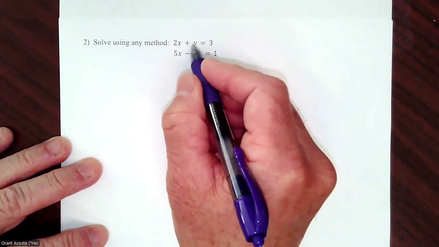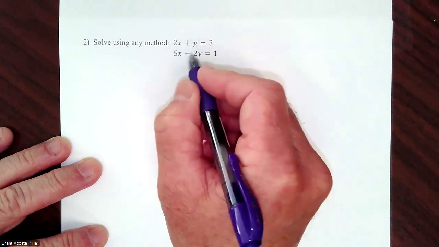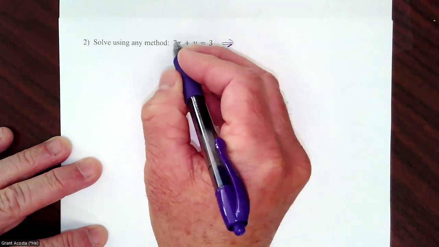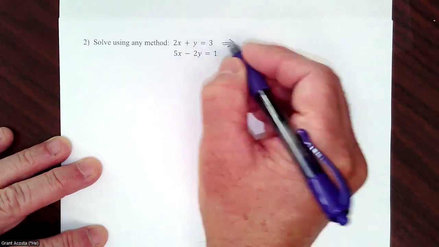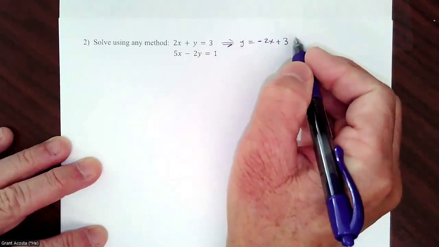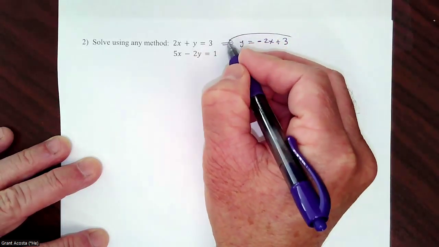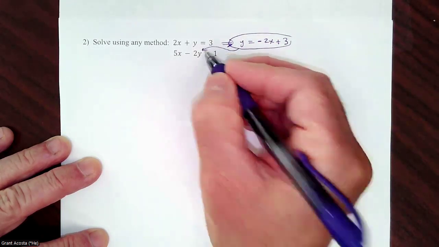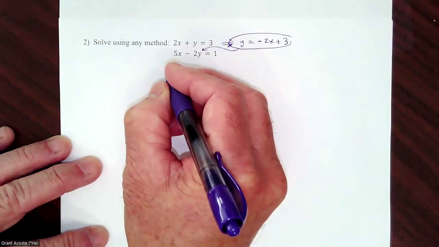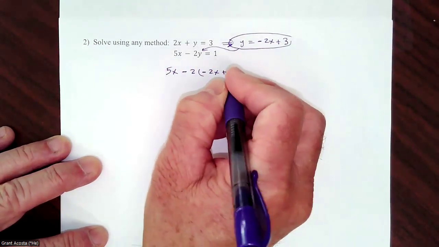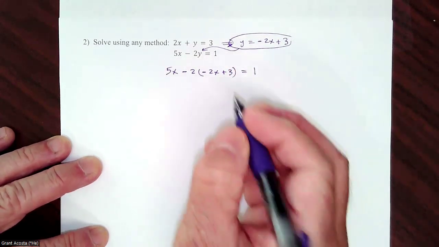And so when I look at my two equations, if I see that there's a variable that I can easily solve for, in that top equation, it's really easy to solve for y. I could just subtract the x over. y is equal to -2x plus 3. Then I'm going to use the substitution method because it's really easy. I can solve that for y and I can plug it into my second equation. So I'm going to get 5x minus 2 times (-2x plus 3) equals 1.